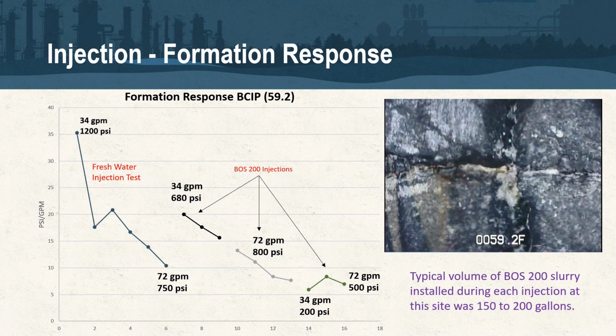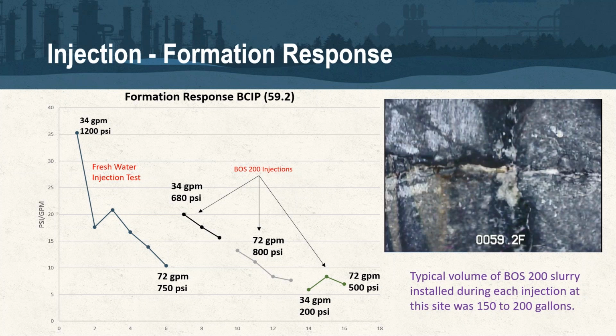And then at that green set of data points at the very end, back at 34 GPM where we've developed that specific feature quite well, we're down around 200 PSI, but we need to ramp that gallons per minute up in order to sustain pressure and flow to continue to carry that slurry out into the formation. By the time we're finished with this series of injections, you're looking at 72 gallons per minute at a lower 500 PSI, compared to where we started at 1,200 PSI just to initiate flow within that interval.